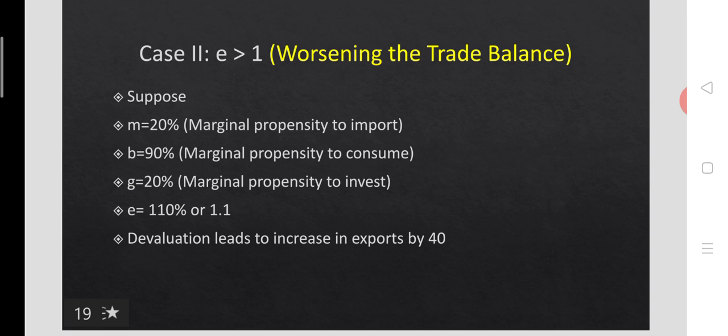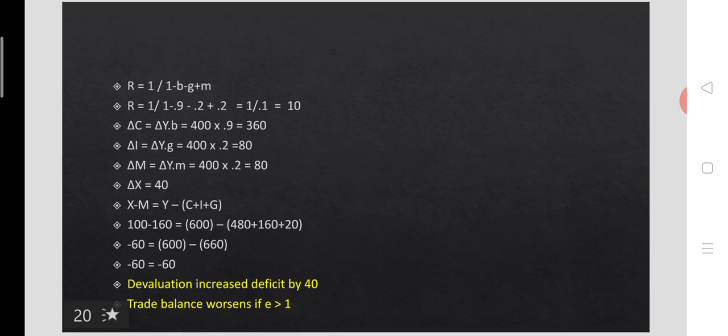So as per the absorption approach of Sidney Alexander, the devaluation is going to worsen the trade balance of the devaluing countries. Suppose in our example devaluation leads to an increase in export by 40 million US dollars. Then let's look at what would happen when E is greater than 1.